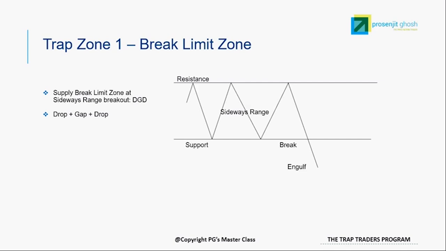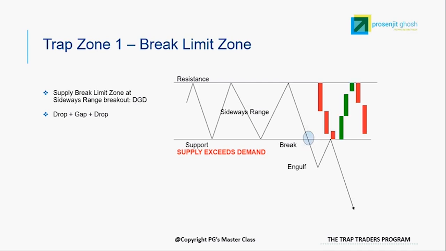We will always look for the engulf because the engulf tells us, oh yes, this is not a fake out, this is not a trap for us, rather a real engulf happened and there the supply exceeds demand and I can trade this area. So it is very important for us to always look for the engulf. So then price comes down, price is moving in a sideways manner.